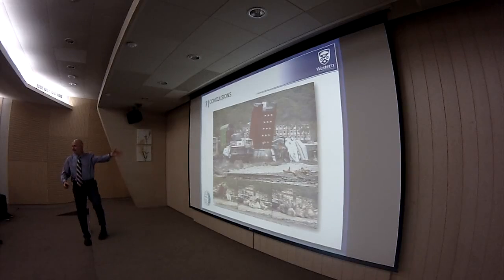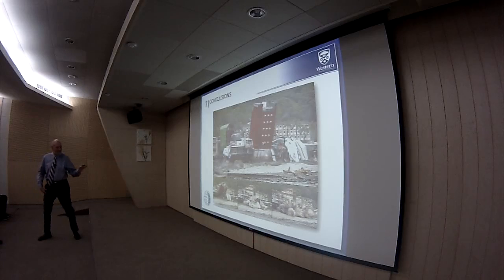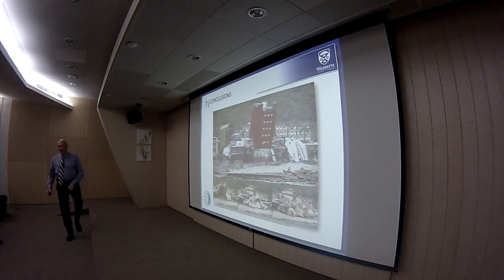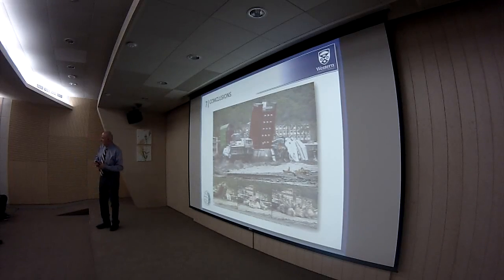I really like this picture. I have one more video of a landslide, but I decided not to show it. It's an amazing video of somebody who avoided being killed in that. This is known to all of you, Typhoon Morakot and the impact it had on Taiwanese society in terms of material damage and lives lost.